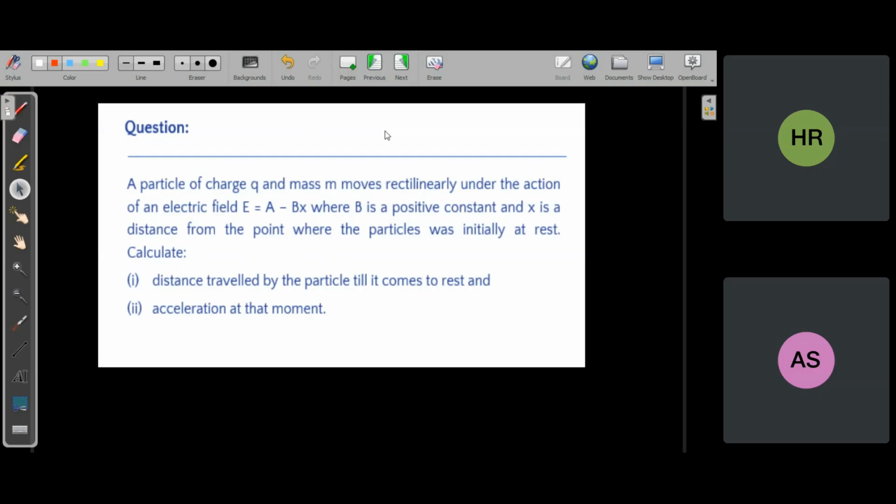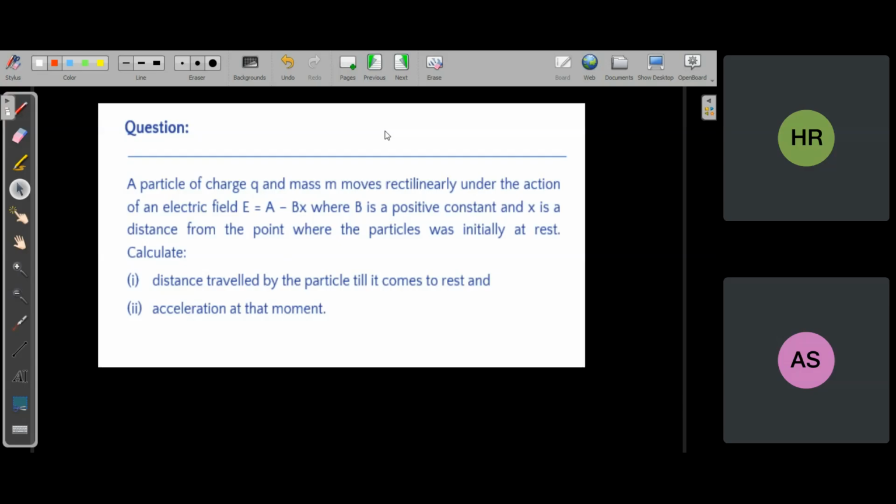Which formula, which equation, which theorem, which law? First I will find the acceleration, sir. Okay, in terms of x only we get the acceleration, no sir? And from that acceleration, we know v dv by dx, one method. Okay, so you will write v dv by dx.